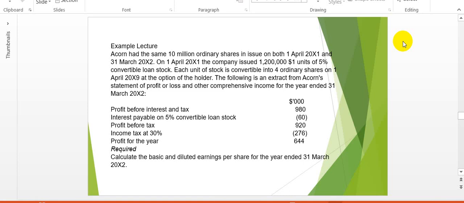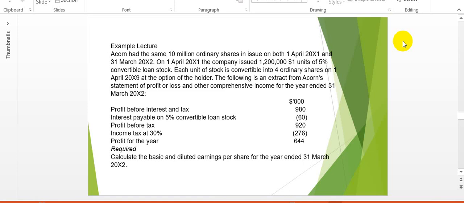The following is an extract from Akon's statement of P&L and other comprehensive income for the year ended 31st March 20x2. Now, when you see the word convertible, we met this under financial instruments.